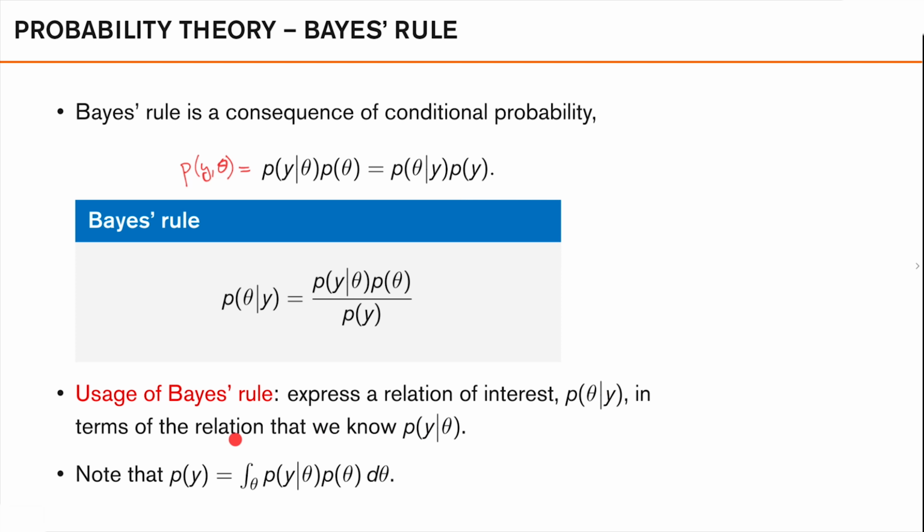And we can express this in terms of a relation that we know, which is p of y given theta, which in our toy example is the probability of picking a certain fruit, given that we know which urn we pick from. We should also note that the factor in our denominator, p of y, can be found using the law of total probability like this. So we express it in terms of these factors here.